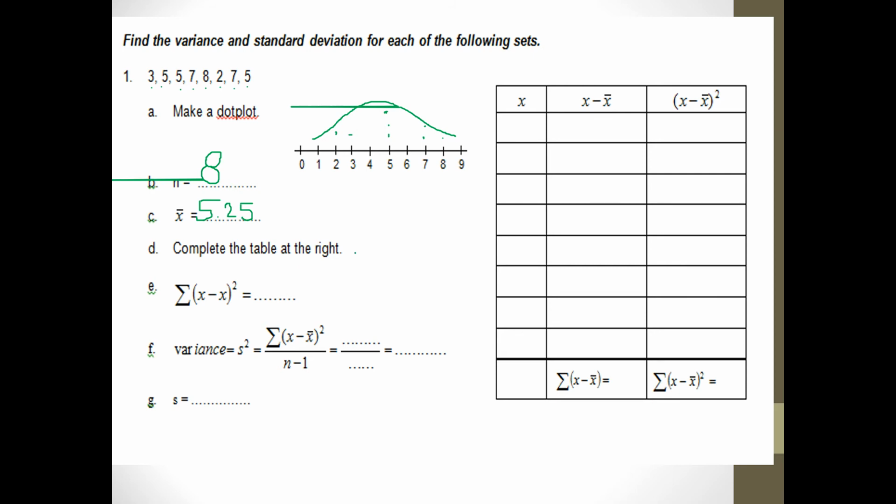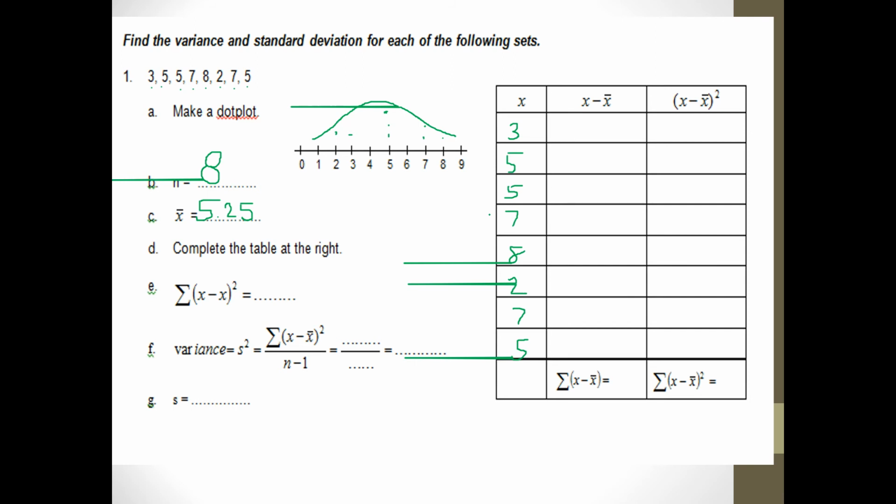Now we're going to complete the table at the right. It doesn't matter what order I put the x's in. You're welcome to put them in order, but you don't have to. I'm just going to put the x's down here: 3, 5, 5, 7, 8, 2, 7, and 5. Then I'm going to take each x, subtract the average, and then square it.